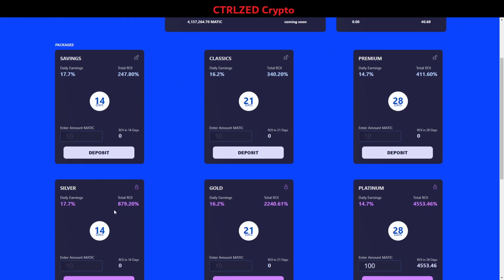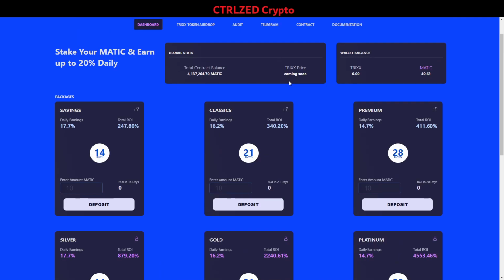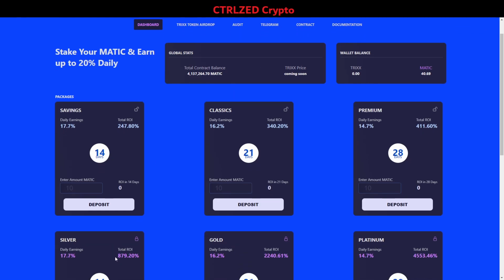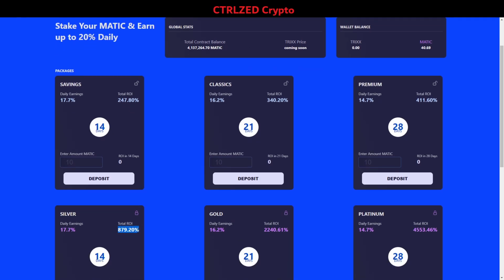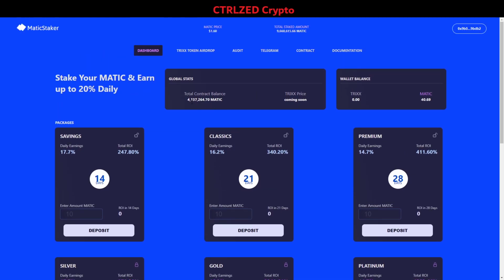So if people are coming in expecting 879% return on investment, you actually need a lot more. So if you just imagine 9 million staked, and let's just call it 10 million for ease of maths, and you're expecting a return on investment of 879%, then you need essentially 87.9 million in this contract to pay everyone, and there's only 4 million.